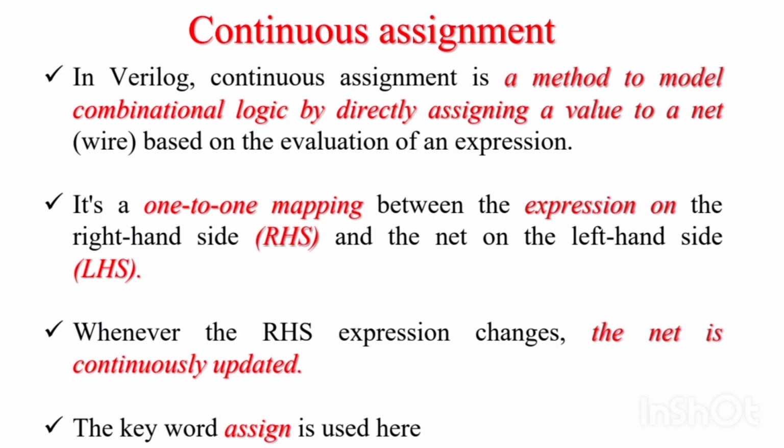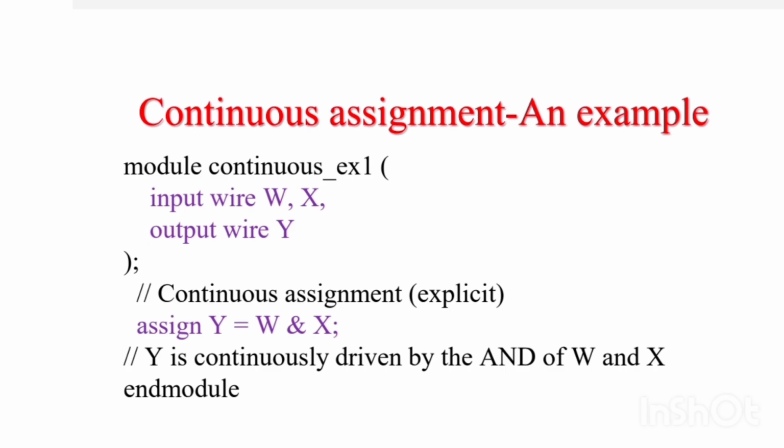It is a one-to-one mapping between the expression on the RHS, that is right hand side, and the net on the LHS, that is left hand side. Whenever the RHS expression changes, the net is continuously updated, and the keyword used here is assign.